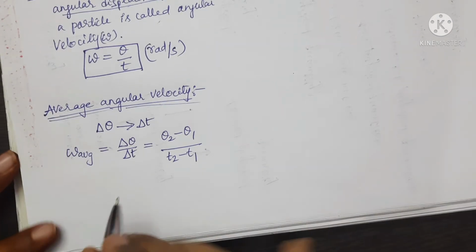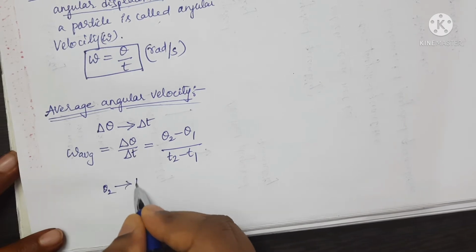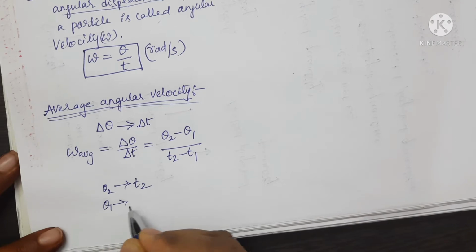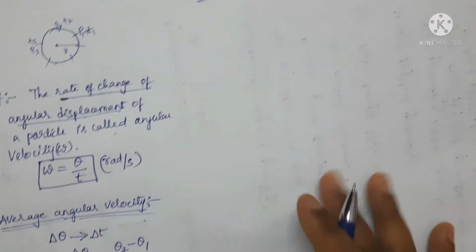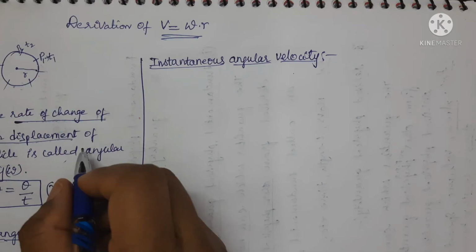That means theta 2 is the angular displacement at a time t2 and theta 1 is the angular displacement at a time t1 seconds.